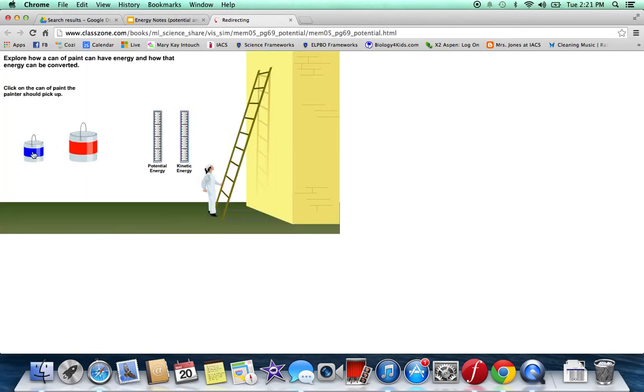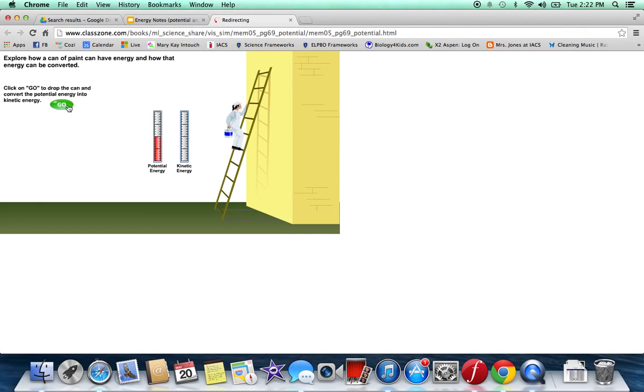So if we take this girl, we'll give her the small can, and we make her climb the ladder. So what we're looking at is the potential energy and the kinetic energy of the can of paint, not of the girl. So as she climbs the ladder, the potential energy increases. Right, it only increases to 50%.